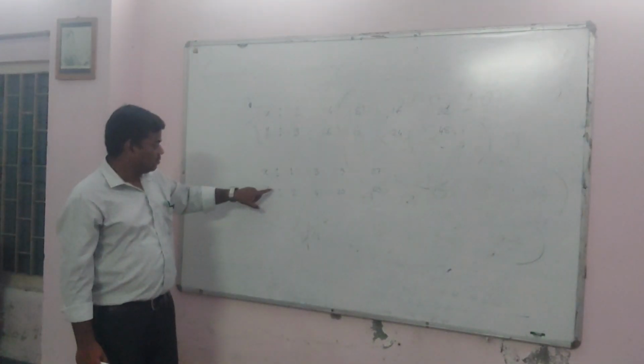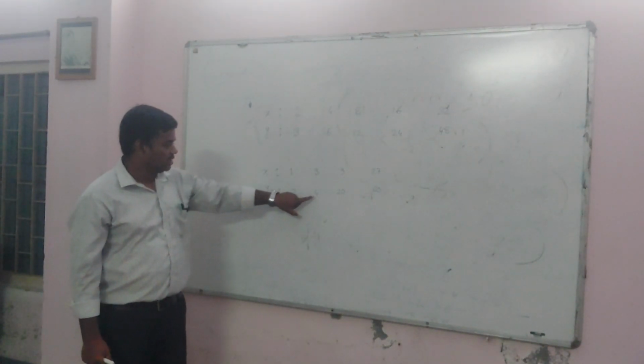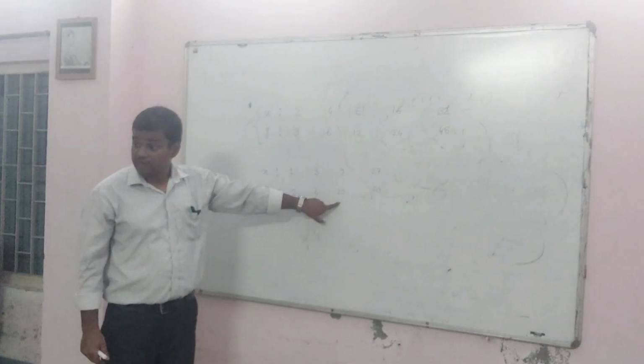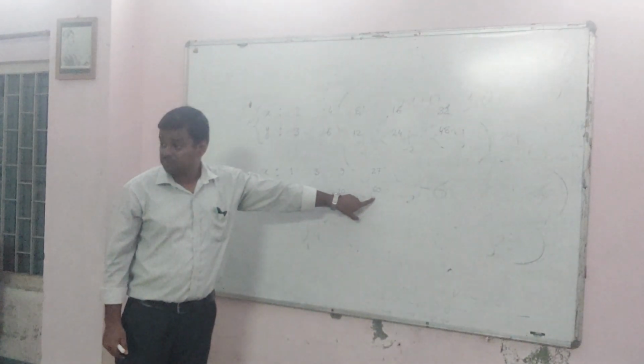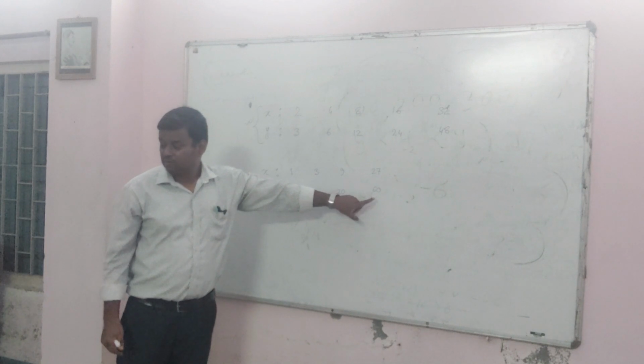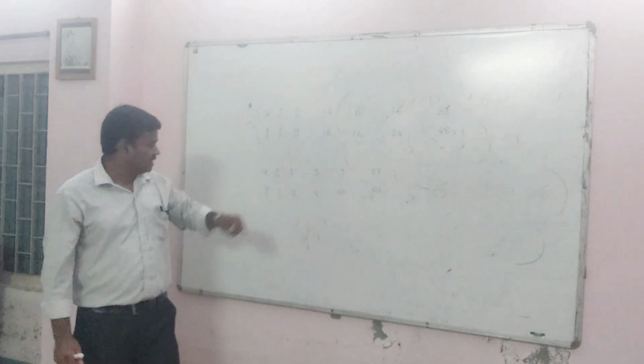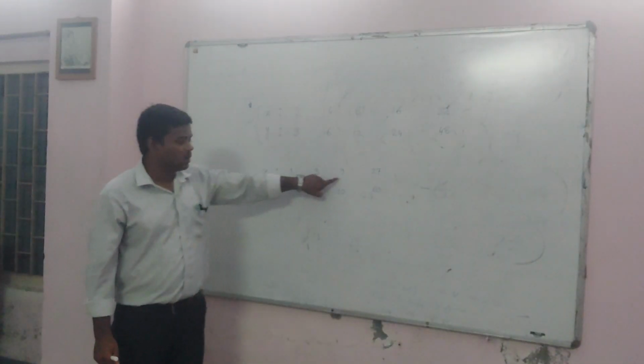Initially, value of y increases by 2 times, then 5 times, then 3 times. So increasing rates of y is quite different, but the increasing rate of x is quite specific.